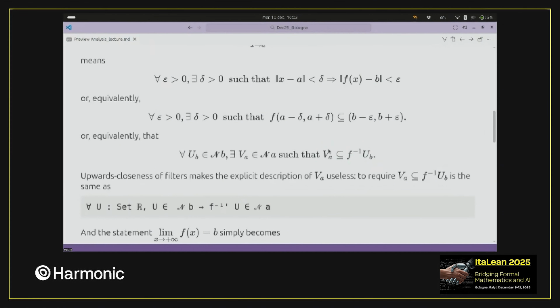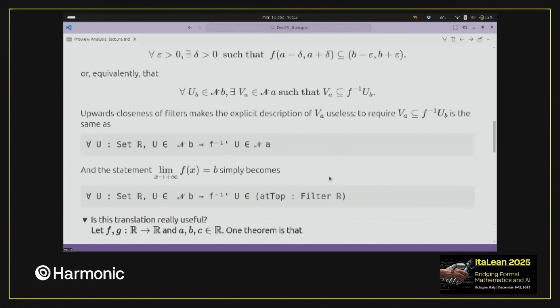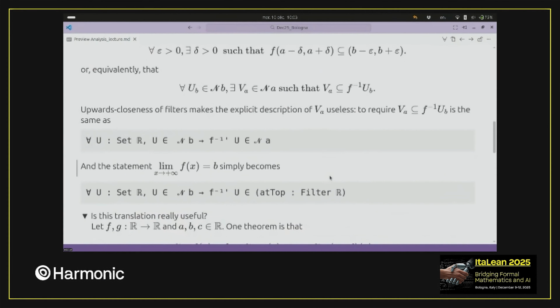And so it contains everything which is a superset of it. So what I can do is restate the condition that x goes to a, f goes to b, as follows: for every U which is a neighborhood of b, the preimage is a neighborhood of a. And this will turn out to be the crucial connection between filters and limits.